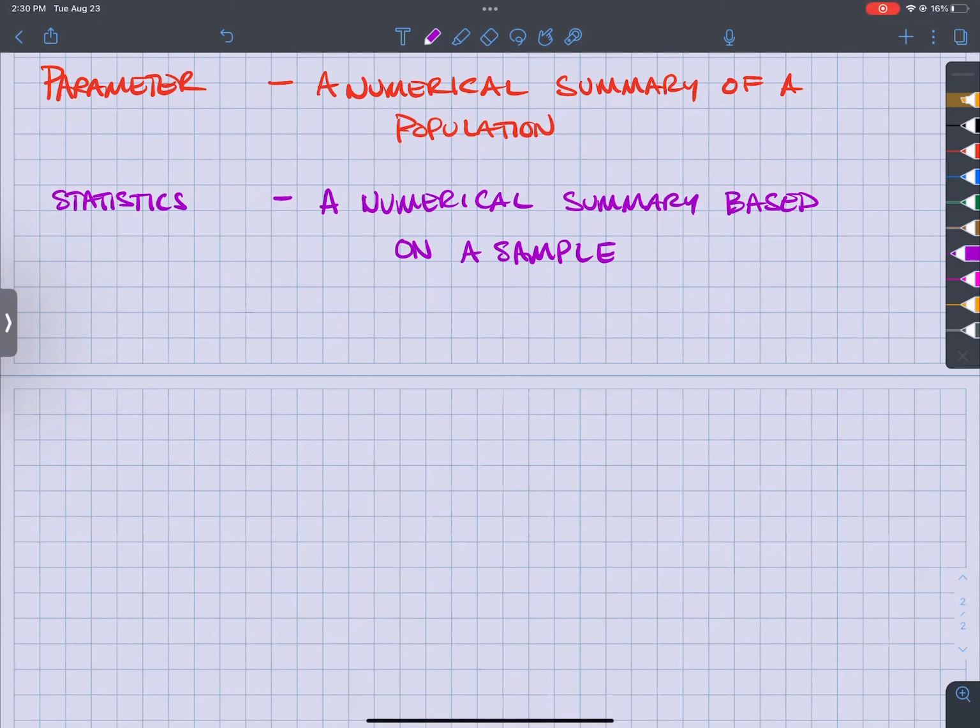Okay, so there is a difference of these two, and people tend to get confused on the difference of these two, right? So for example, a parameter would be something like this.